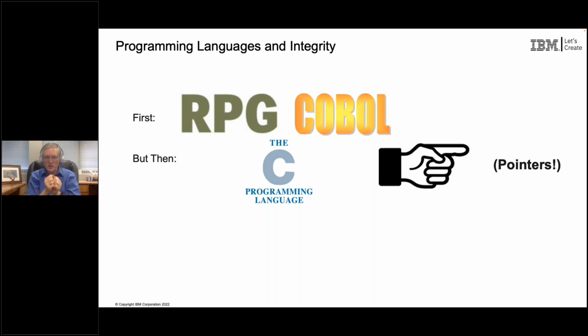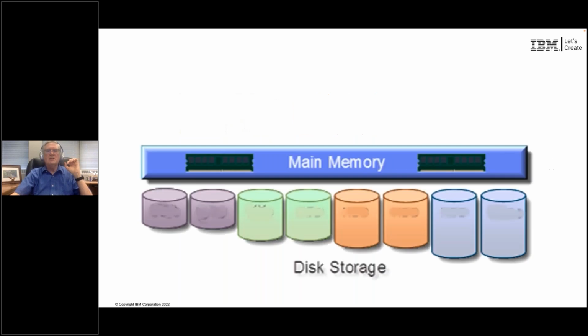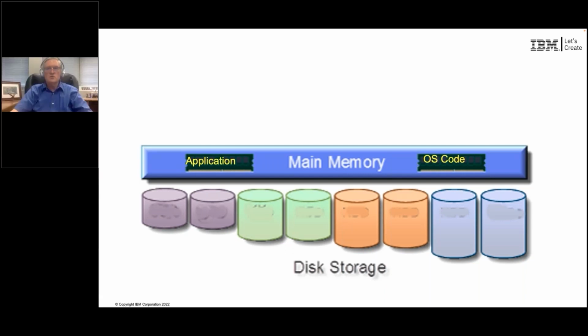Everything you do is a pointer, which means there has to be an address. And that gets to be a problem because in the single level store, remember, everything is just an address into some part of storage. So your application and the things it's dealing with have a pointer to somewhere in the long storage stream. And your operating system code is also running somewhere in that long stream of storage.